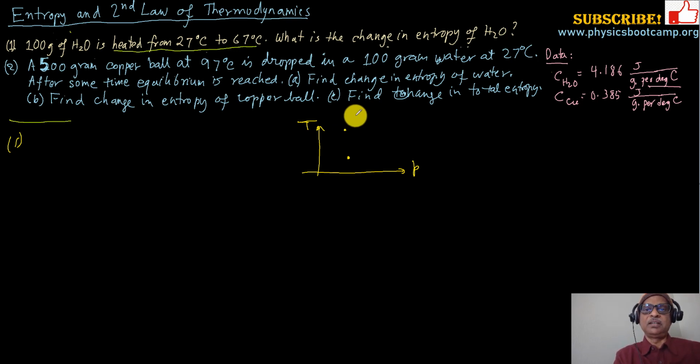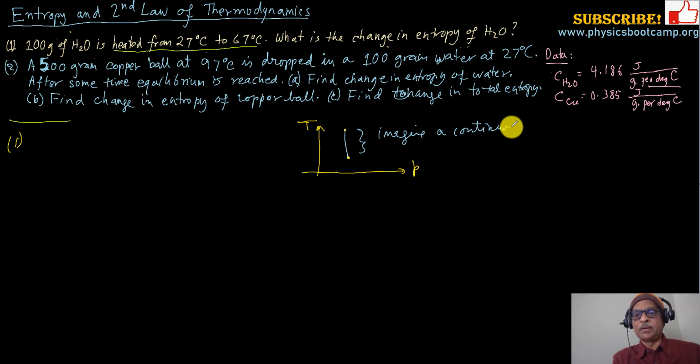So maybe we can say this is the reversible process. It is not given here how it was done, but I can imagine a continuous path from some initial to the final on a state diagram. If I can imagine that, then I can always imagine infinitesimal steps.